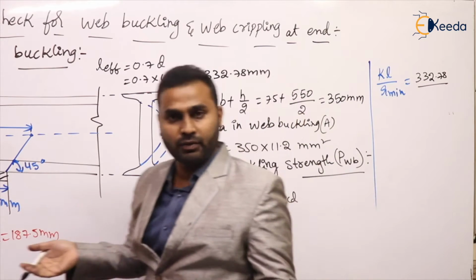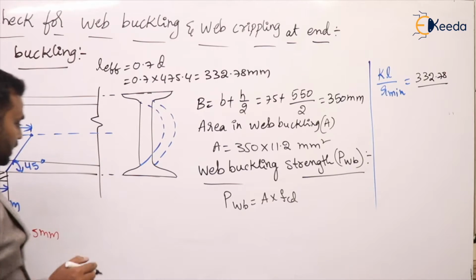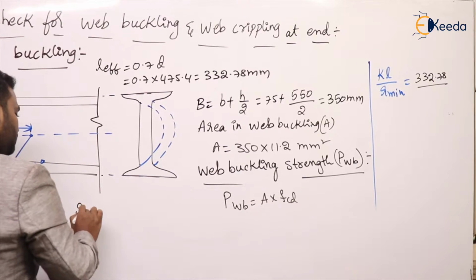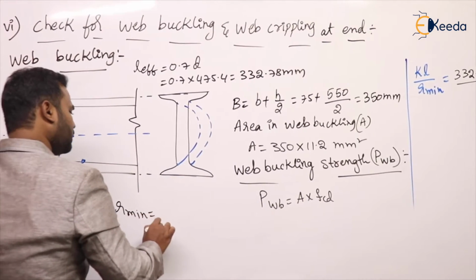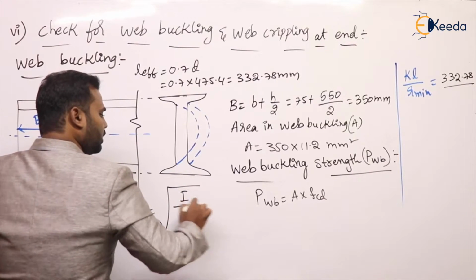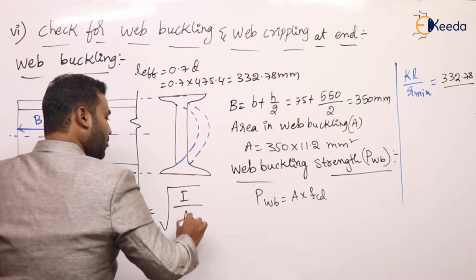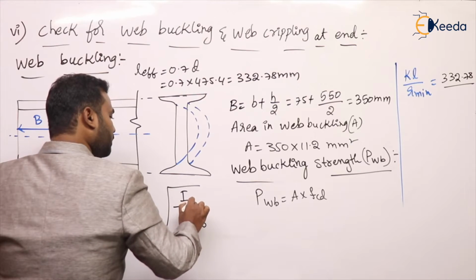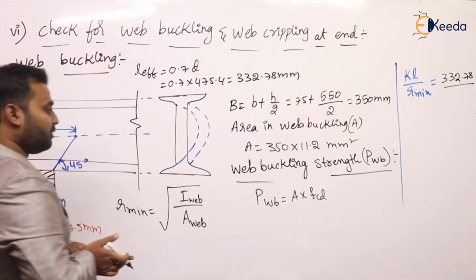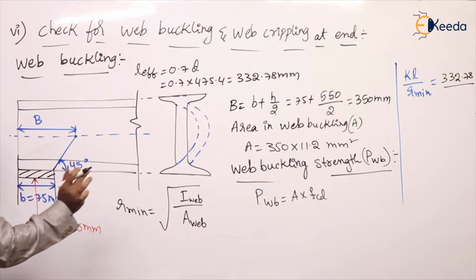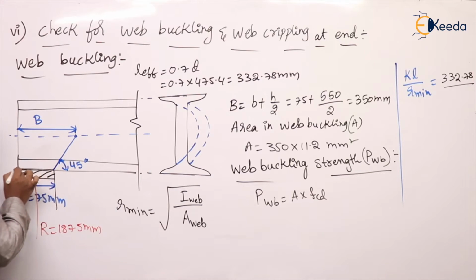We already know that procedure, but here also I am going to repeat. So R minimum is equal to under root moment of inertia upon area. Moment of inertia of web upon area of the web. Now moment of inertia and area of the web are to be considered at this location where the reaction, or you can say point load, is acting.